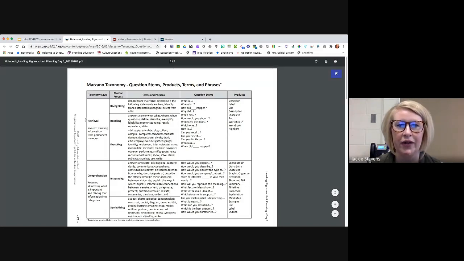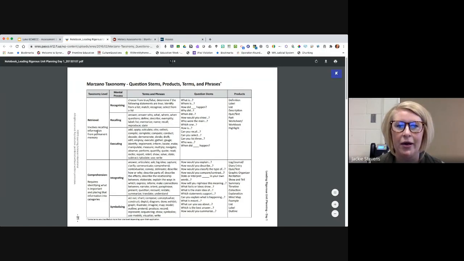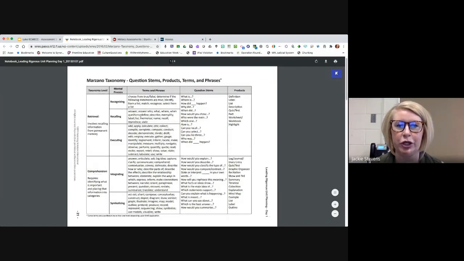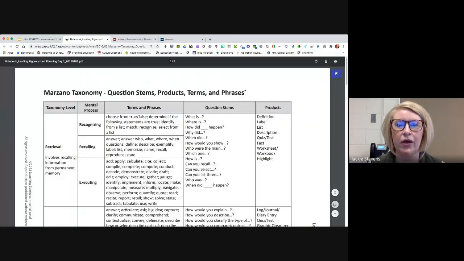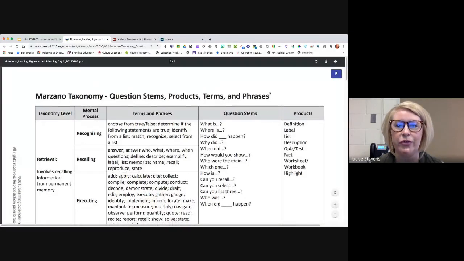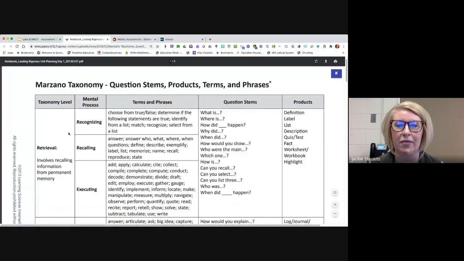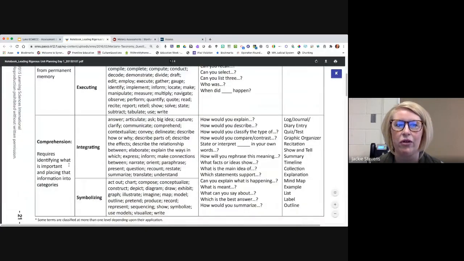But here, if you are at the retrieval level where it involves recalling information, then here might be some terms that you would see, and then the question stems that you might use. I'll make that bigger. Question stems that you might use when writing a question that matches that level.